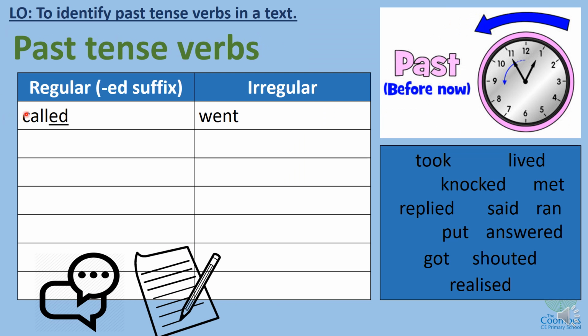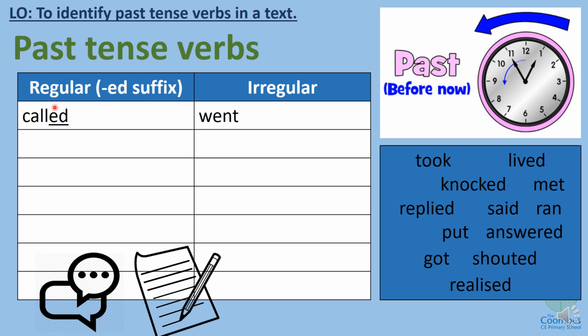So now we come to our first activity, which is making sure we know the difference between a regular past tense verb and an irregular past tense verb. So regular past tense verbs follow the spelling pattern of adding an ed suffix at the end of the word.